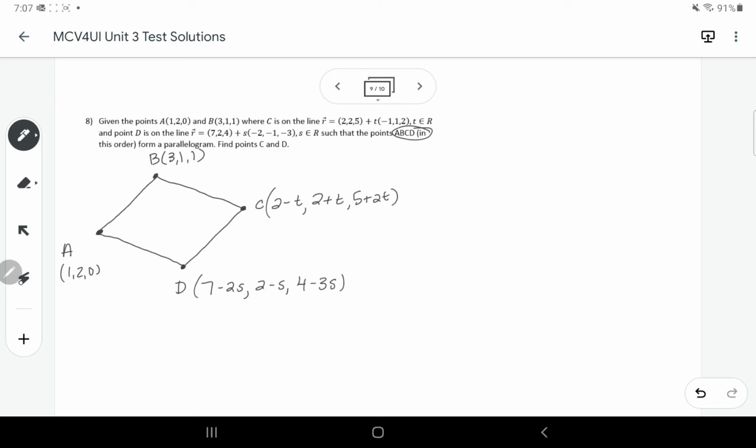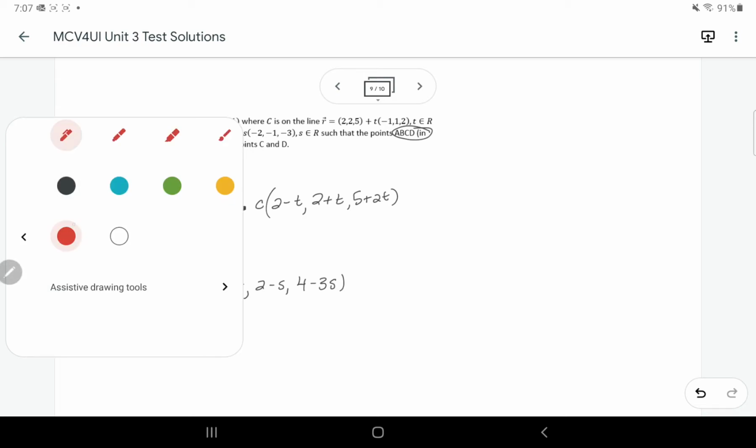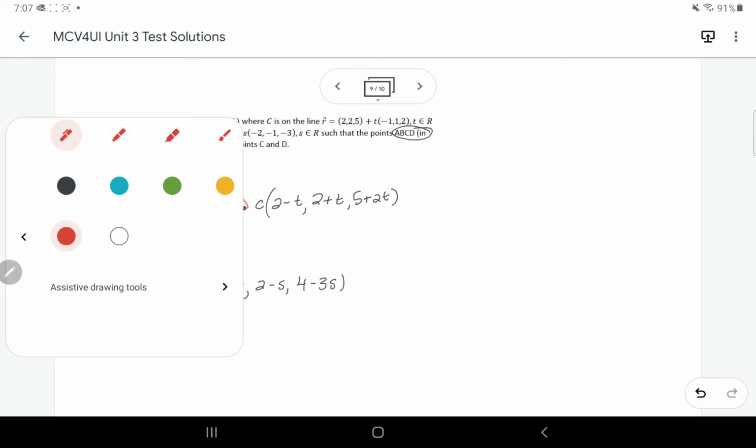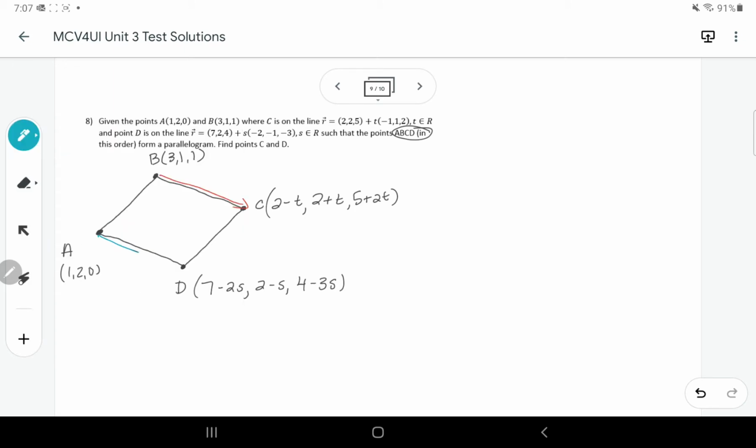So that's a good start. Now, what I know about a parallelogram is that the sides are equal length and parallel. So we could say that those vectors would be equal. There are different ways of doing this, but I looked at vector BC and I looked at vector AD, and I said that those two vectors would be the same.